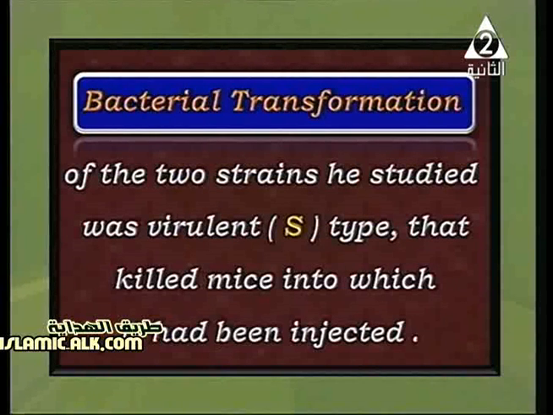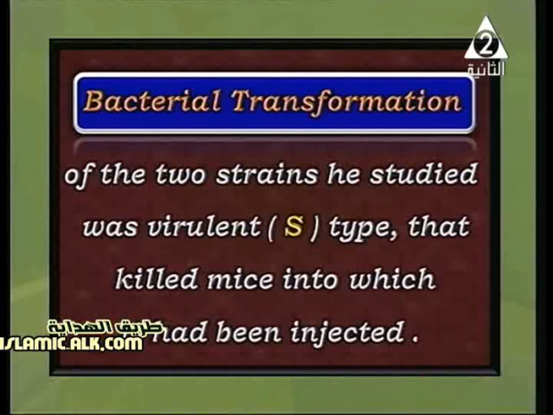Also, of the two strains he studied, one of them is called virulent, or S type, which killed the mice when he made his experiments on the mice in which it had been injected. He brought a group of mice, and each one of them was injected with this virulent type of bacteria, the S type.